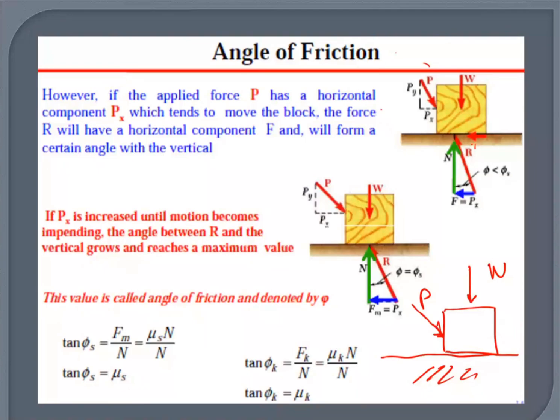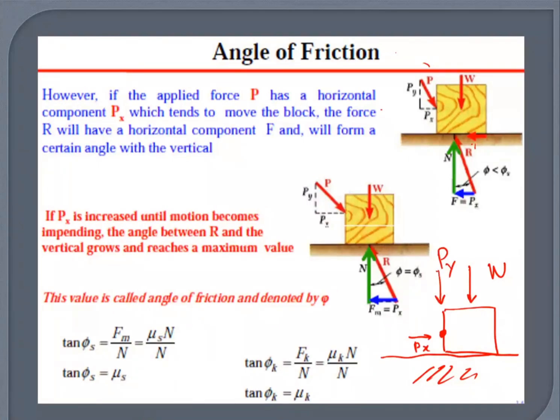Now this P has got two components, an Px and a Py. So let me get rid of P. And we know that there are two points. At this point, you've got two forces: this force Py, and the force Px.